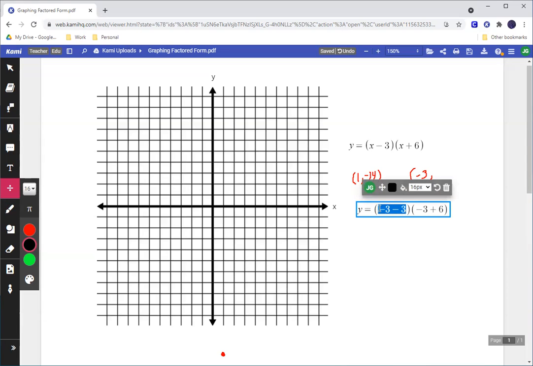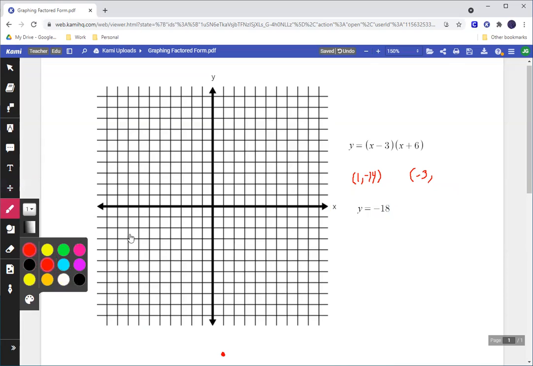Use the order of operations to simplify. -3 minus 3 is -6. -3 plus 6 is going to give us 3. And then -6 times 3 gives us -18. And so we get that point, (-3, -18). And that's graphing point by point.